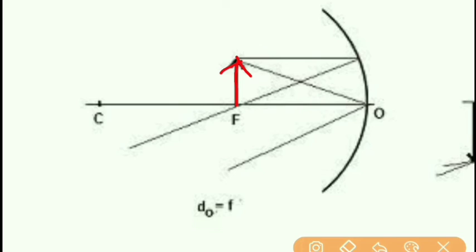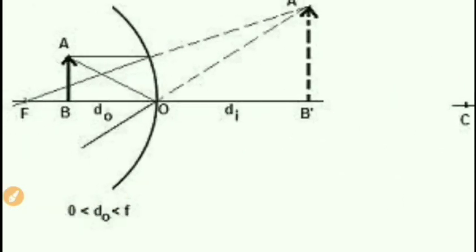Now let us see the case when the object is between F and O, that is somewhere here. So now in this figure you can see the object is placed between F and O. One ray parallel to the principal axis, after reflection passes through the focus.